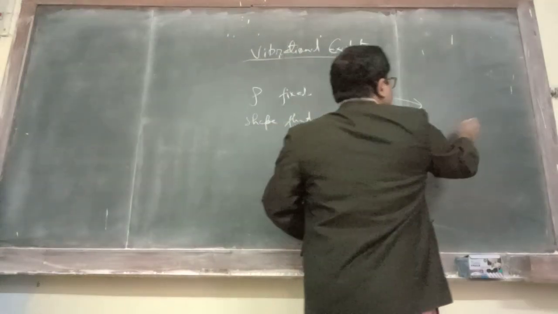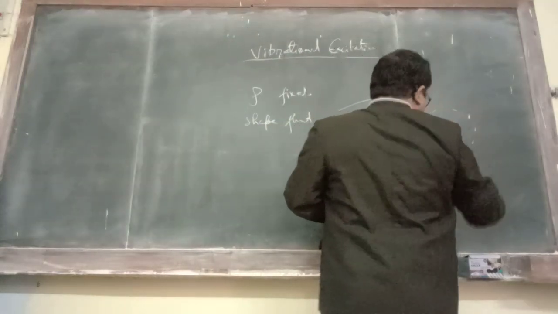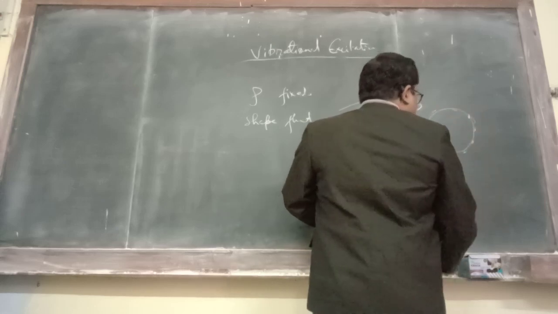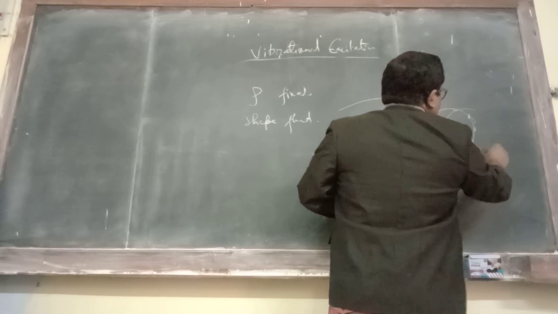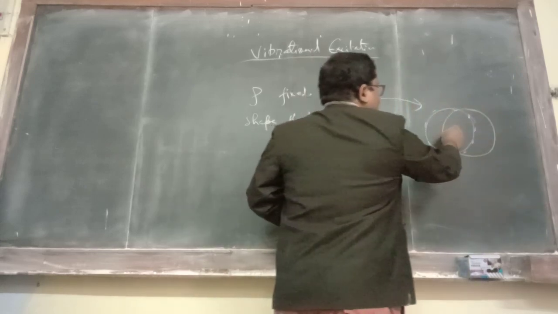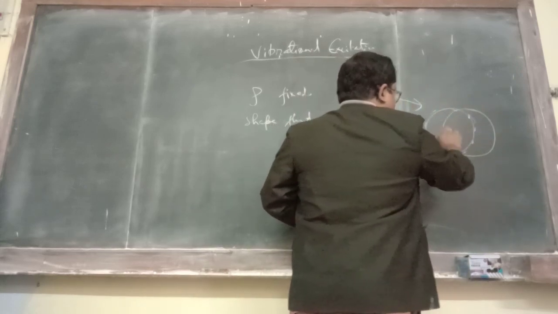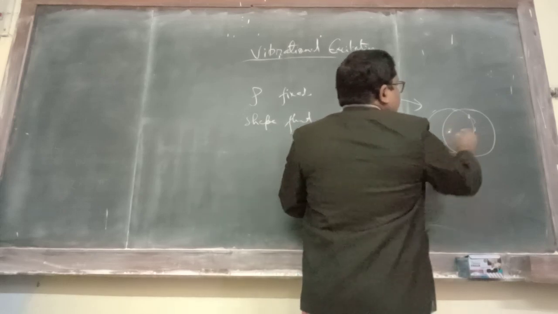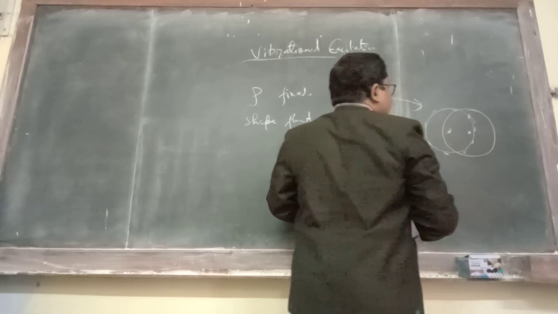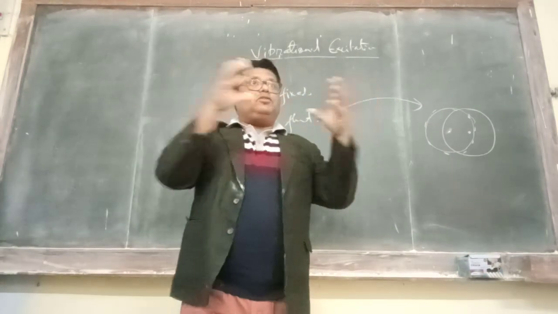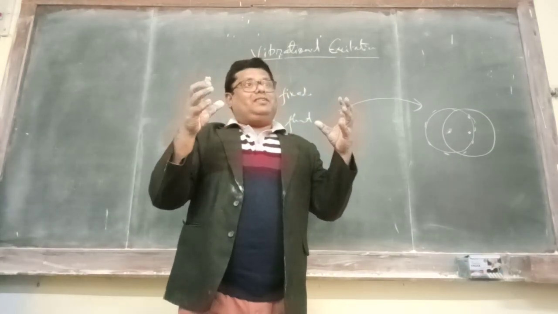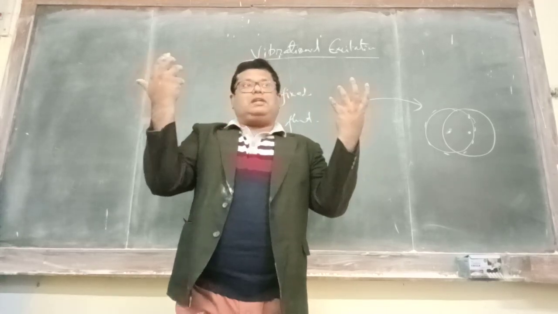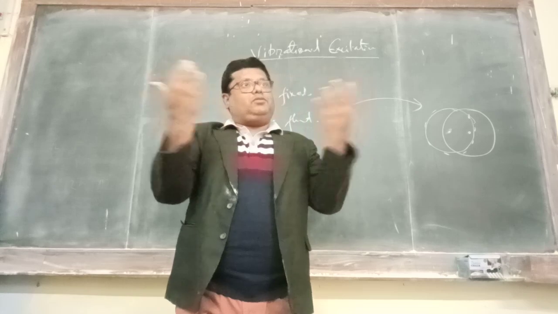It is possible that the protons and the neutrons are oscillating. This is the proton center of mass and this is the neutron center of mass. You see, this is also a collective excitation: the protons as a whole and the neutrons as a whole oscillate with respect to each other.